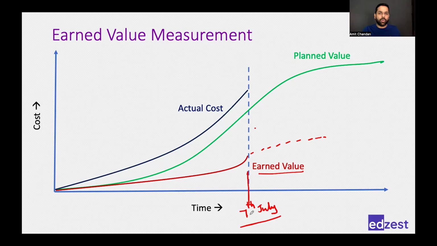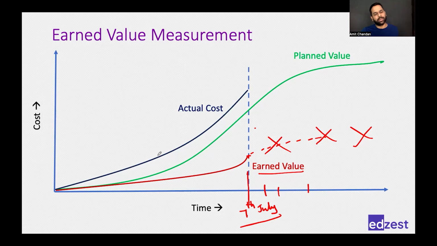So we are measuring what is the work that we have actually done. Right. Because we are measuring what we have actually done, there cannot be anything towards the future because this is 7th July, this is 8th, 9th, 10th. We don't know. We have not done anything. Right? We have not even seen that day yet. So my earned value will be limited to somewhere here. It would follow any curve. Okay, it need not necessarily be like this.